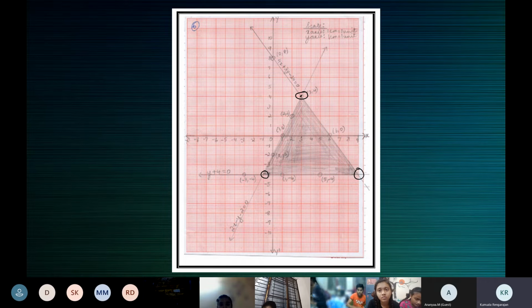What's the address of this point? 3, 4. That is one vertex. Then what's the address of this point? I have not plotted this point, but I can get the address of this point: -1, -4. And similarly, I can get the address of this point. What is it? It's 9, -4.